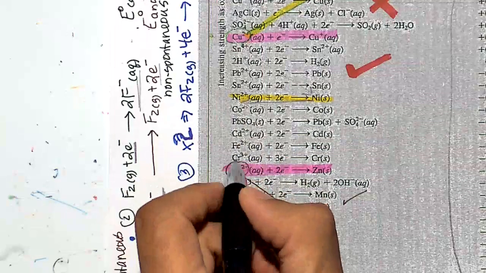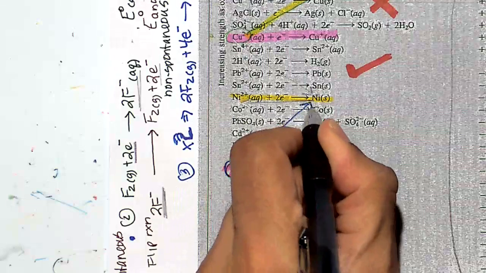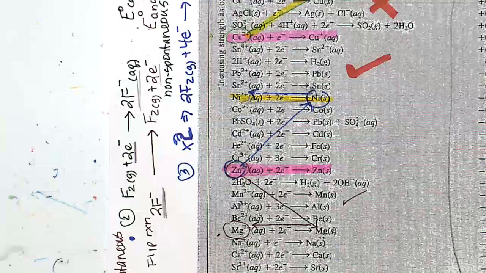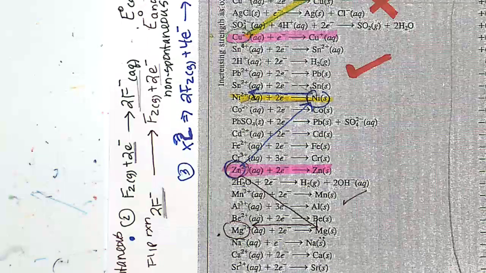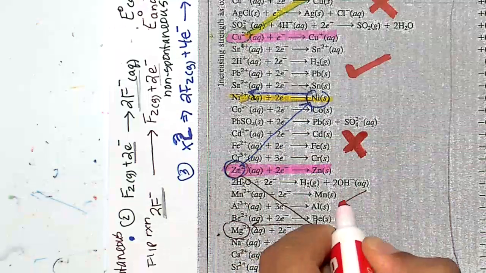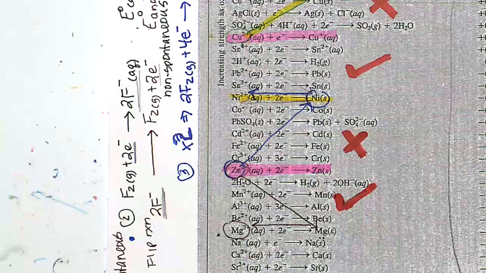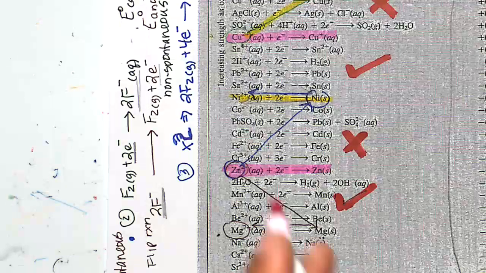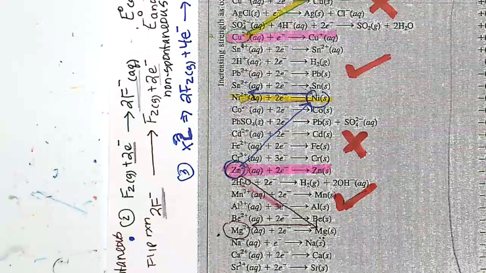But can that same zinc oxidize nickel to nickel+2? No. So that's what you can do. It can flip anything below it. Let me see if I can use these markers.